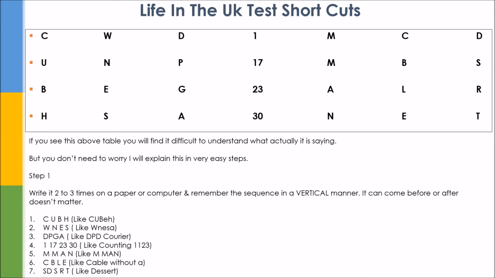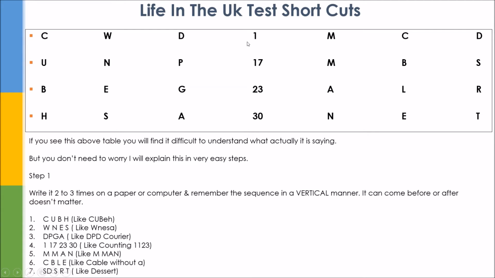If you see, the first line is CUBH, like a cube, and the second one is WNES, you can say wines or Vanessa. The third is like a DPD courier, but it's DPG, remember it this way.